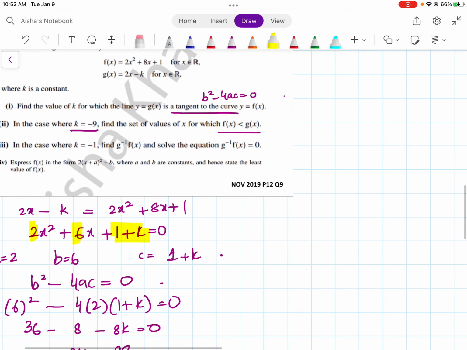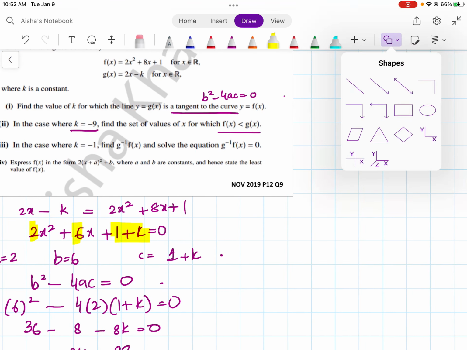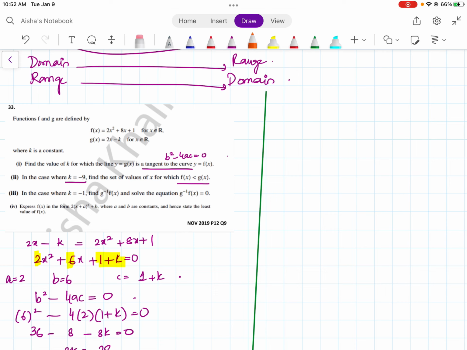Now, the third part says, find g inverse of x and solve the equation. So the first thing is you have to find out what is g inverse. G of x is 2x minus k. So y, achha k ki value is minus 1, so it will become 2x plus 1.